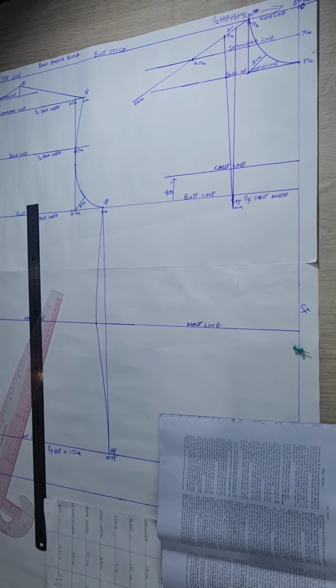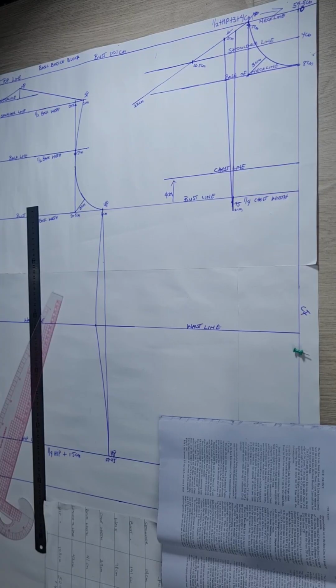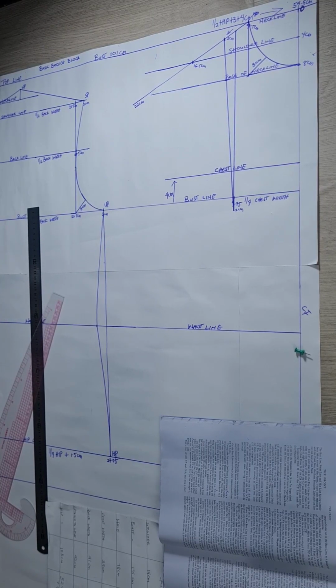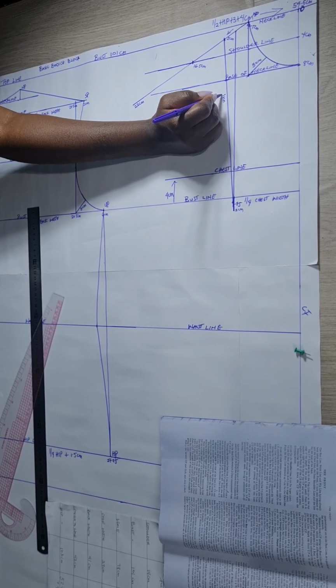Measure and mark the size of the dart along the shoulder and complete the dart by ruling the outer line to join the inner line. So this line will be labeled inner line.